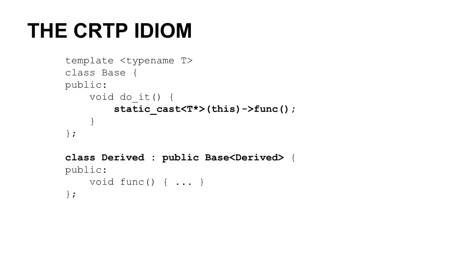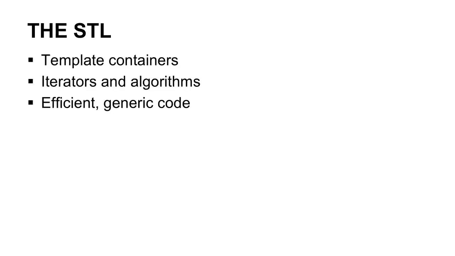I have a template base type, and the derived class name becomes known to the base class through being used as a type parameter. The derived class is substituted for T in the static cast when the class is instantiated, and that enables the this pointer to be cast to the derived type, which means that the call to the function doesn't have to be virtual.